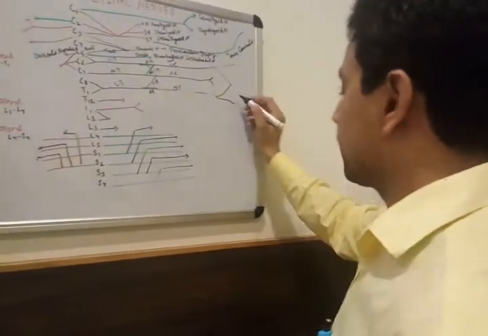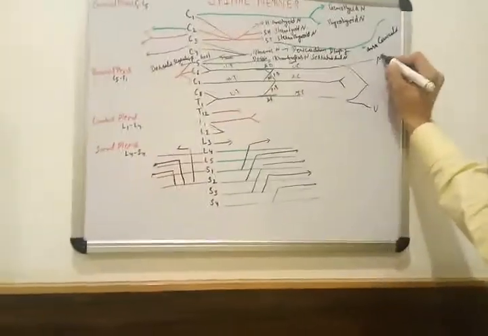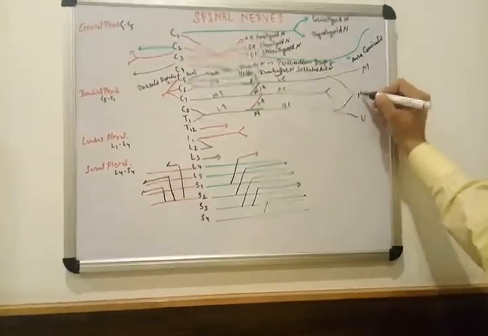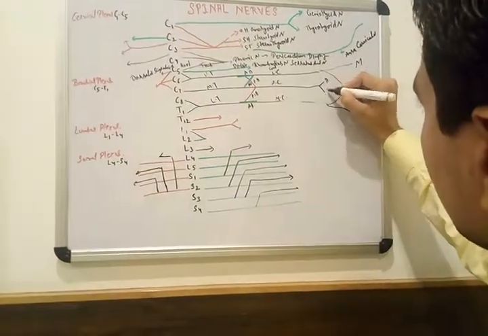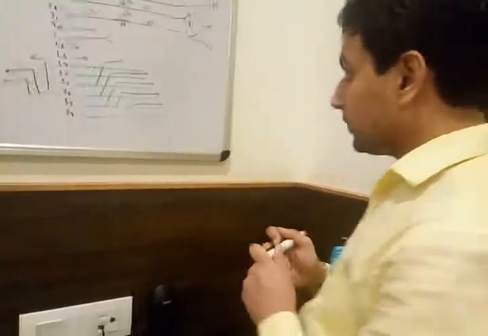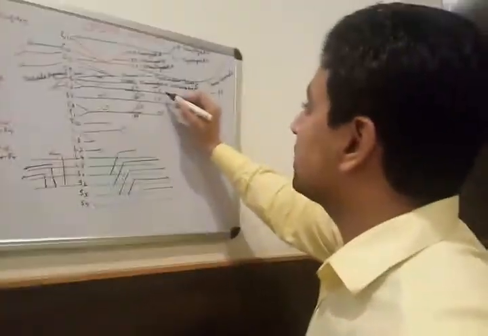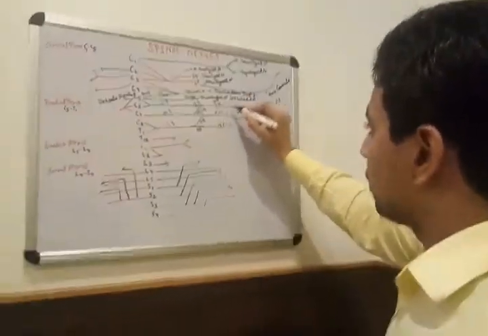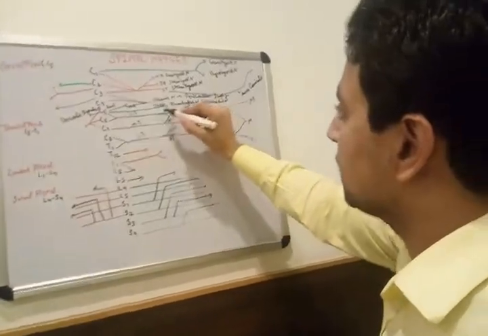And how to remember this? UMMAR. Now I am going to explain what it means. The musculocutaneous nerve comes from the lateral cord, from the anterior division.